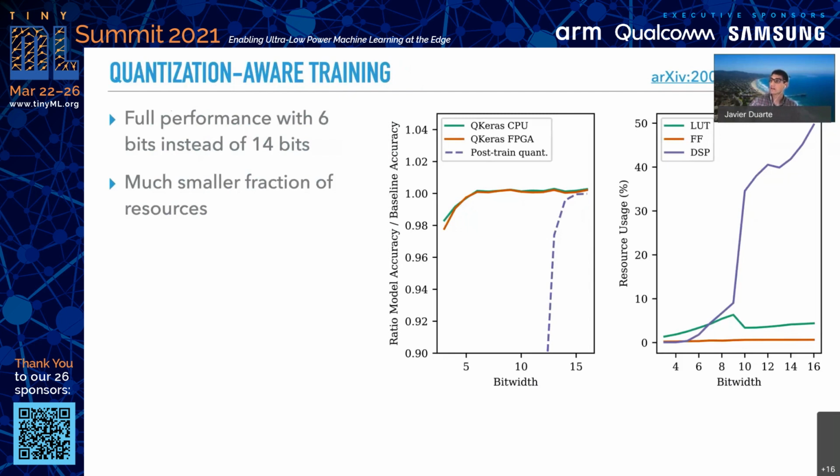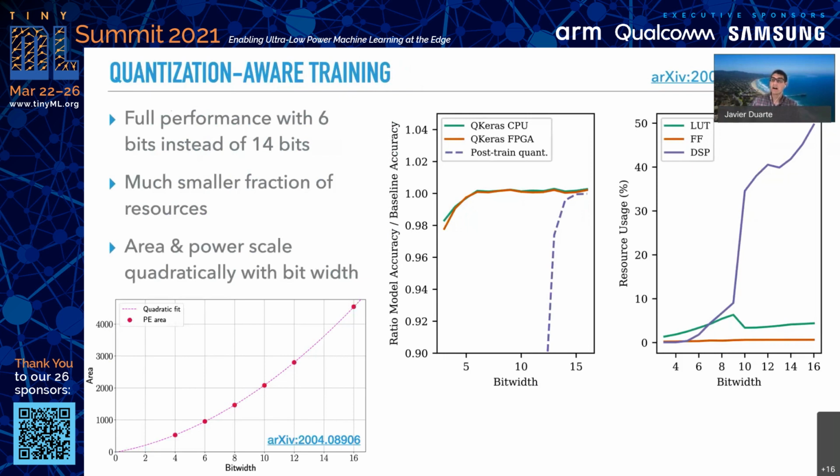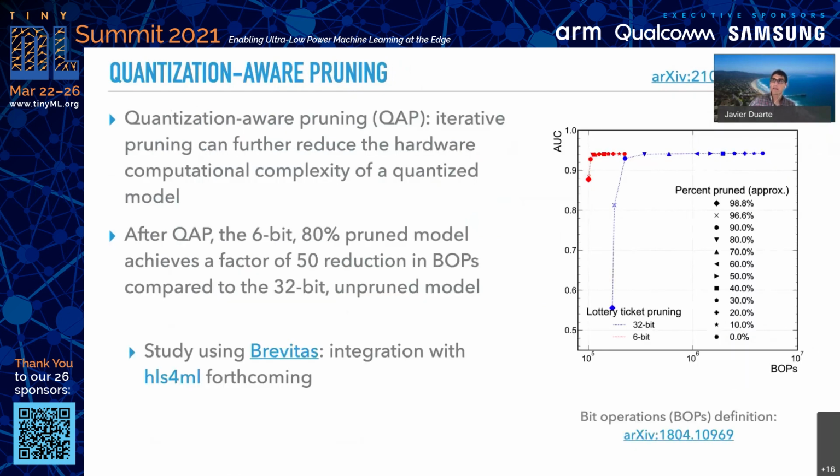This shows the resource usage for the LUTs, the flip-flops, and the DSPs as a function of the bit width. And by going down to 6 bits, we of course can use much less. And since the area and power also scale quadratically with bit width, we can also get down to lower power.